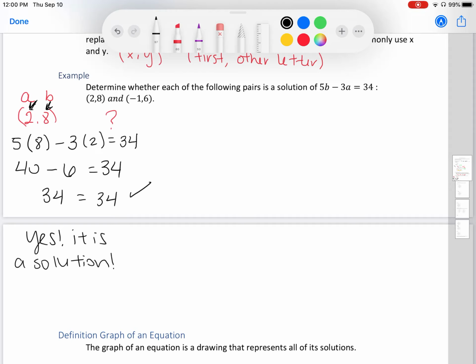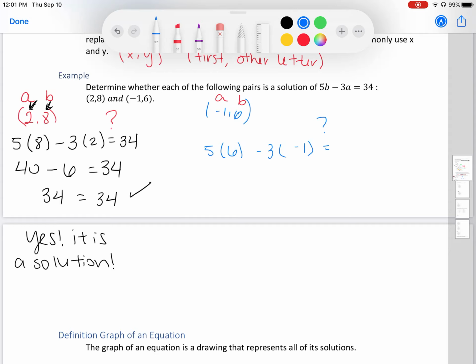Let's take a look at the next point. We have negative 1, 6, where A would be negative 1 and B would be 6. Okay, let's go ahead and replace those values. So I have 5 times B, my B is 6, minus 3 times A, my A is negative 1.